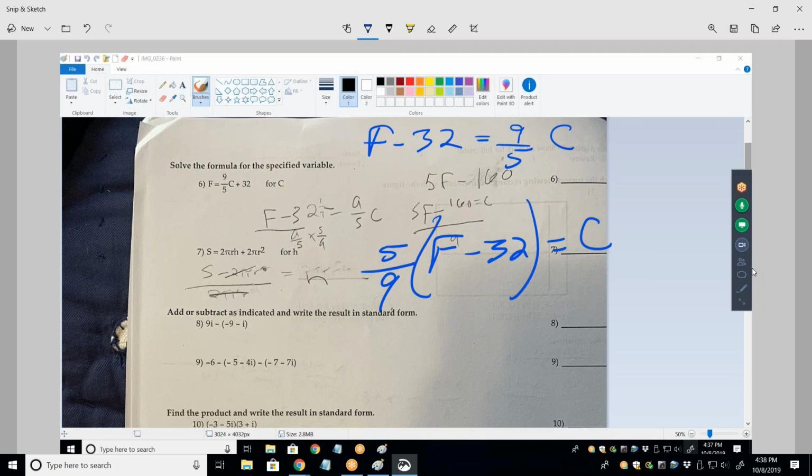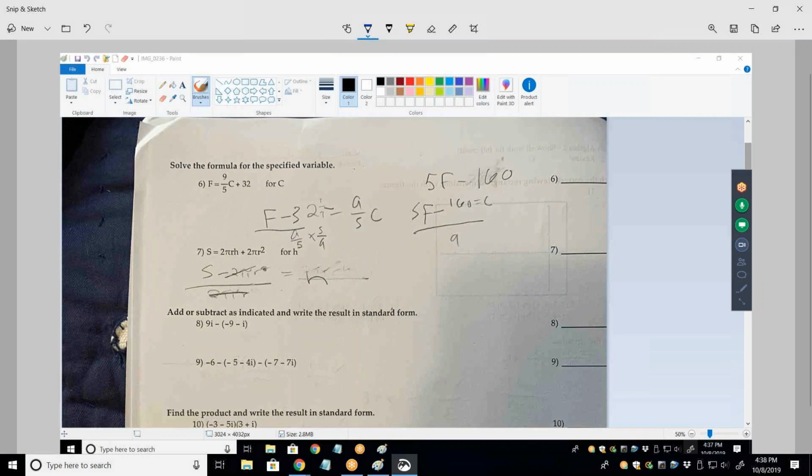But it looks like I'm going to end up with 160 divided by 9 as one of my answers. In other words, the other way I might write that would be this. That's also C. Okay, let me erase all that and solve for H.